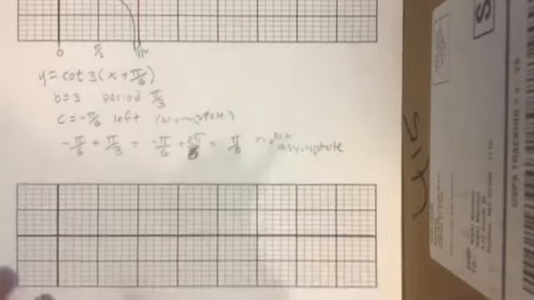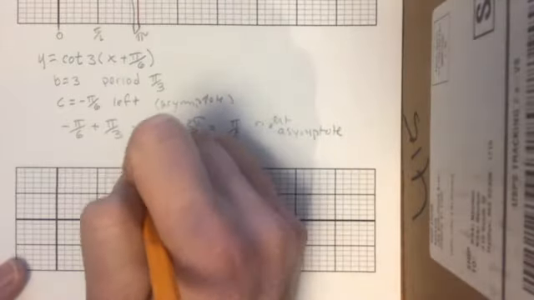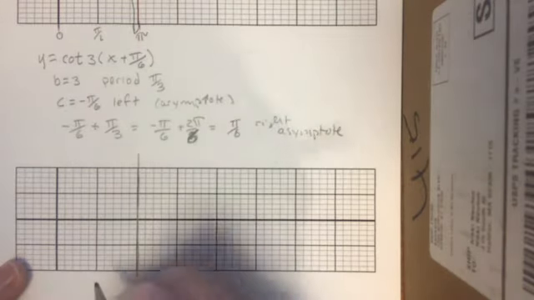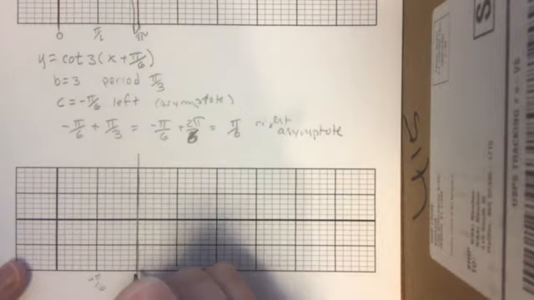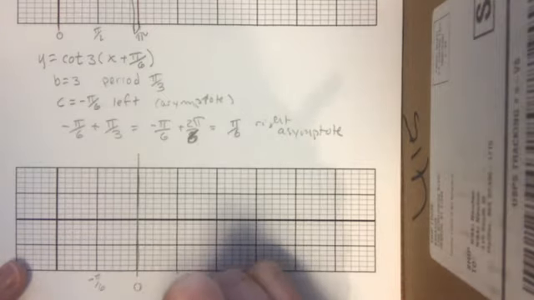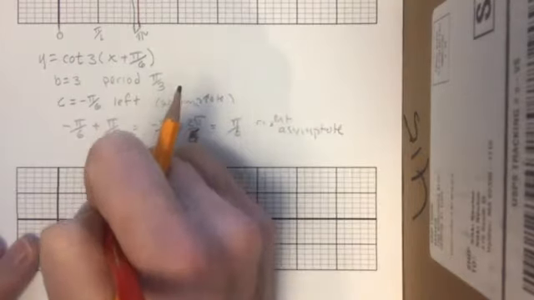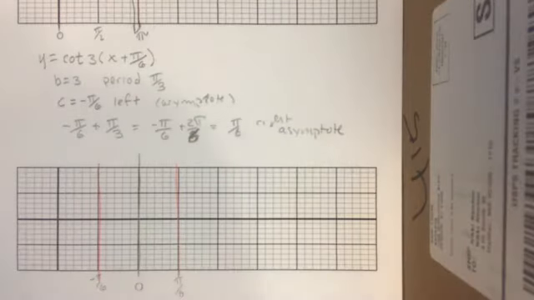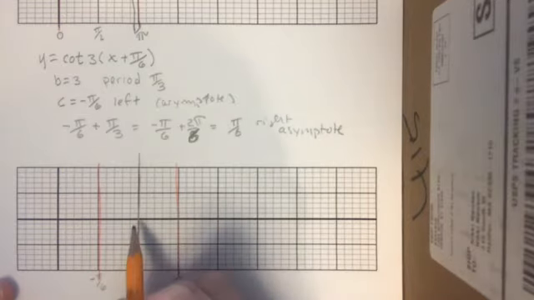So let's get these on here. Let's say I put my 0 here, and I need multiples of pi over 6. So let me have this be negative pi over 6, 0, pi over 6. It turns out that's actually the entire period here, a distance of pi over 3. My asymptotes I'm graphing in red, and so I shifted my asymptotes.